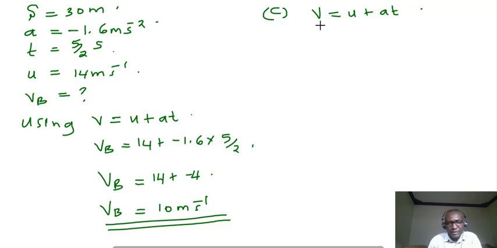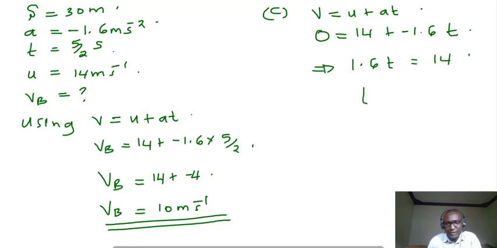So we are still going to use the first equation, v equal to u plus at. At the point where this body will be resting, the final velocity is 0, being equal to our initial velocity 14 plus our acceleration, negative 1.6 meters per second squared, times the time t that we need to find. So this implies 1.6 t is equal to 14, and t is equal to 14 divided by 1.6.